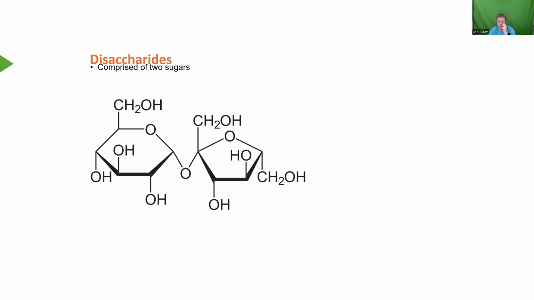Okay, so sucrose as a disaccharide has these two rings. Now, sucrose is a disaccharide made up of glucose and fructose. It's two rings that have basically reacted with one another to make a linked molecule.